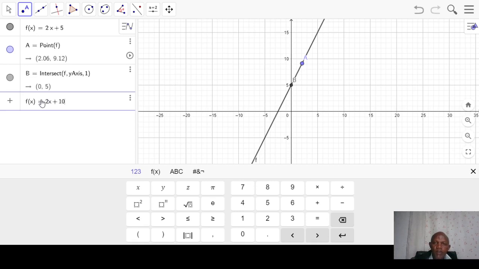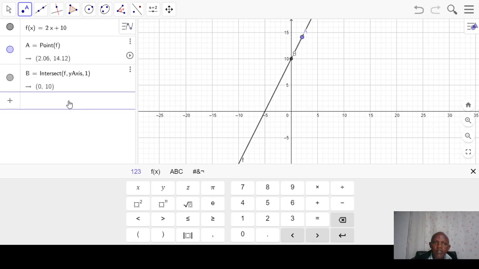How will this graph change? We do expect that it will change by the constant. The y-intercept will change by that constant, so at 10. So you can see that the gradient does not change, but the intercept changes from originally 5 to 10.